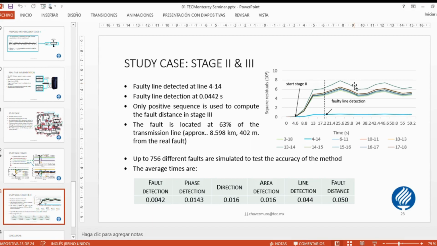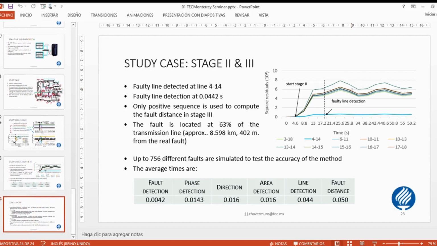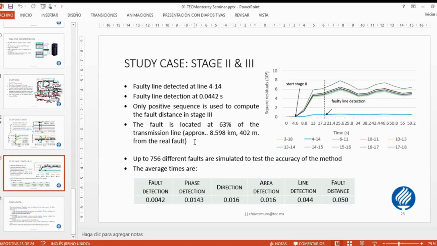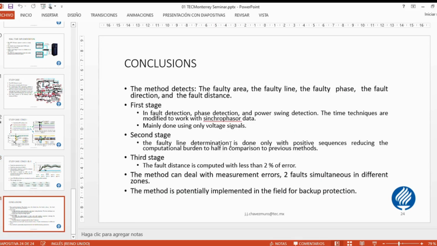I think there are 48 lines, but we only have, I think, 10 lines, so the computational burden decreases a lot. And from here we determine the distance on the line, and at this time it was around 8.59 kilometers. So we can send the crew to this place and correct the damage.